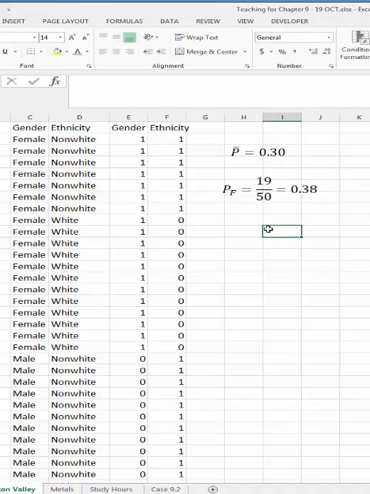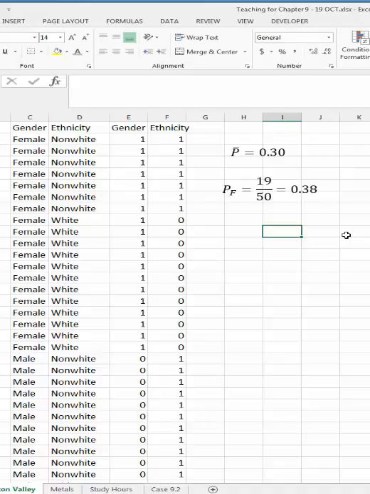So now we can set up our Z table computation, because what we want to do is determine if our value of 0.38 is sufficiently distanced from the mean in order to say that it is statistically different than the other number of 0.30.